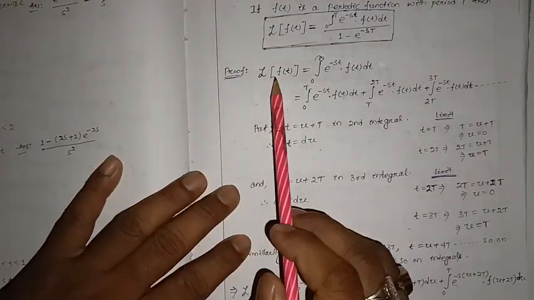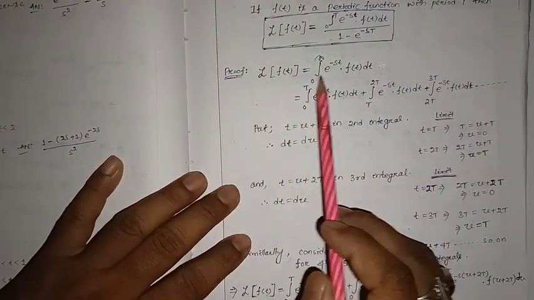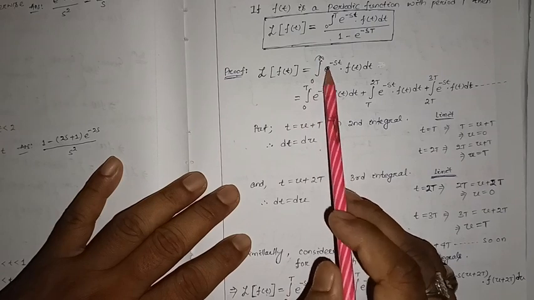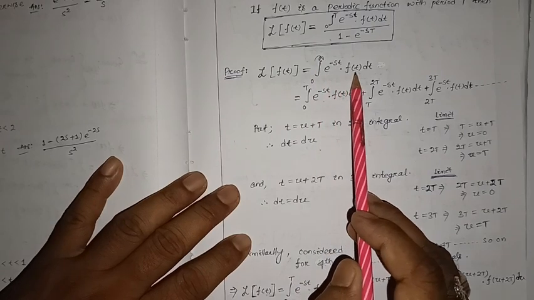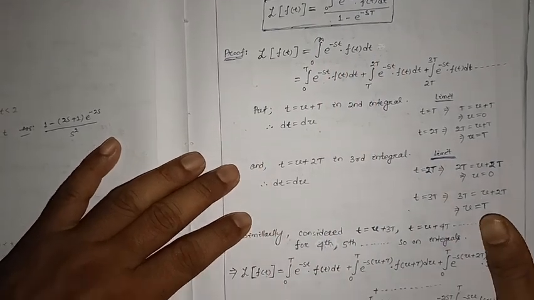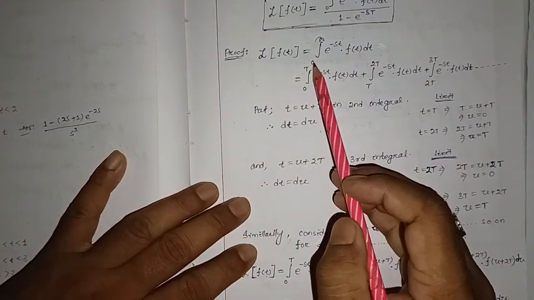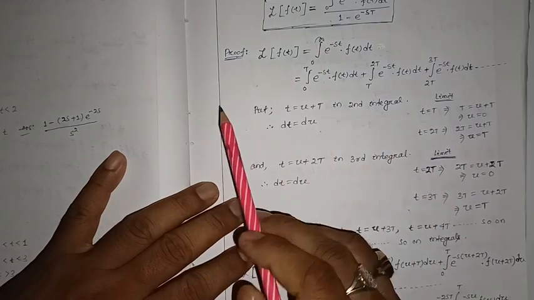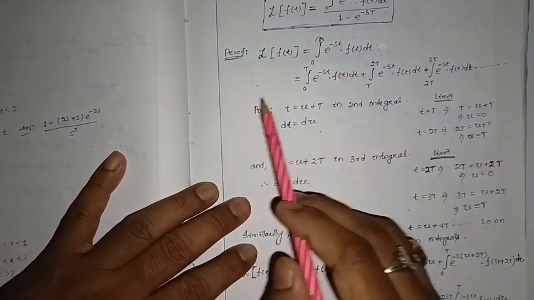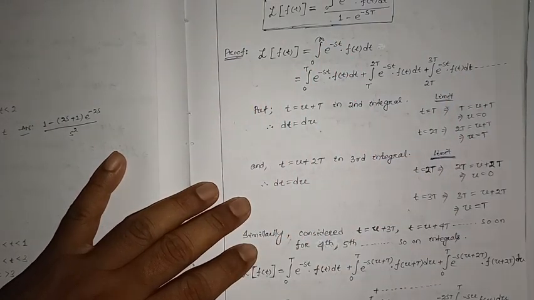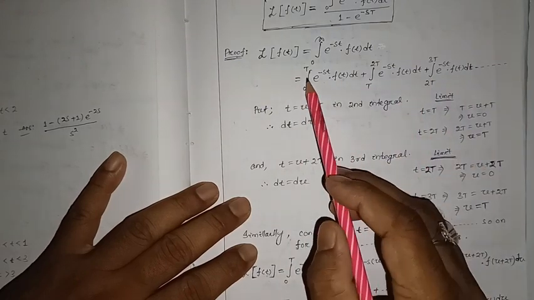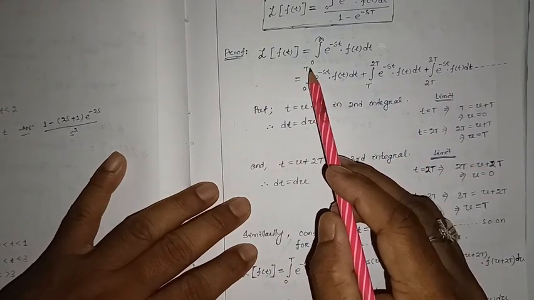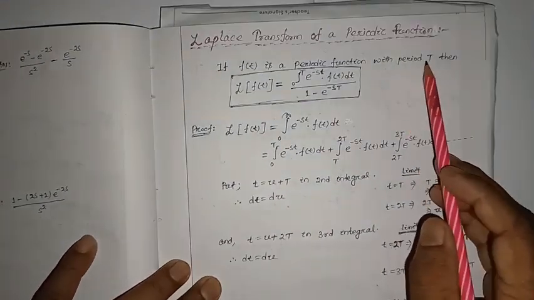So the proof starts. The Laplace transform of f(t) is in general written as the integral from 0 to infinity of e to the power minus st into f(t) dt. Now here the limits are from 0 to infinity, so this can be segregated into 0 to T, where 0 to T means the so-called period given in the question.